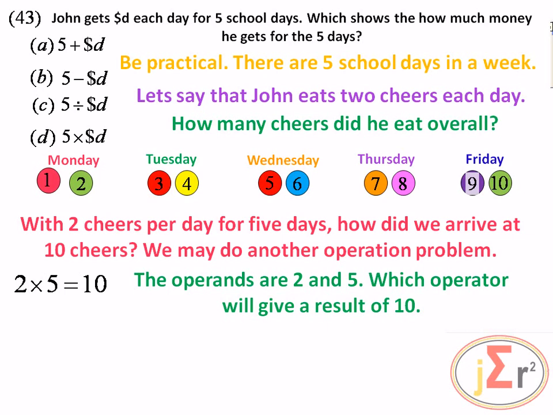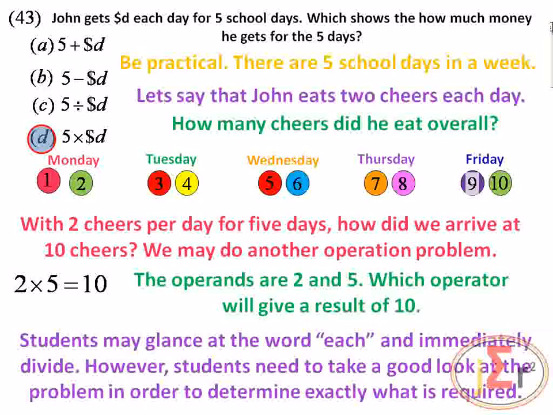Right. So if we add, we would get 7. But in order to get 10, we had to multiply. Therefore, multiplication is the correct thing that we should do if we have a certain amount occurring for 5 days and we need to find the total overall.